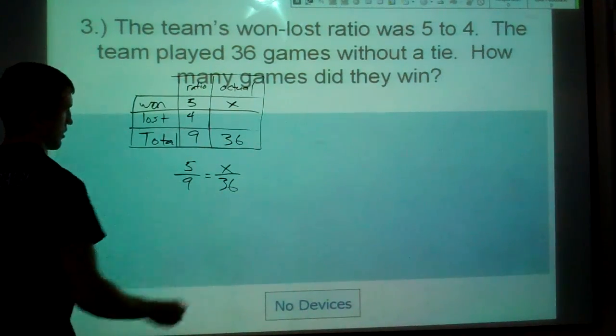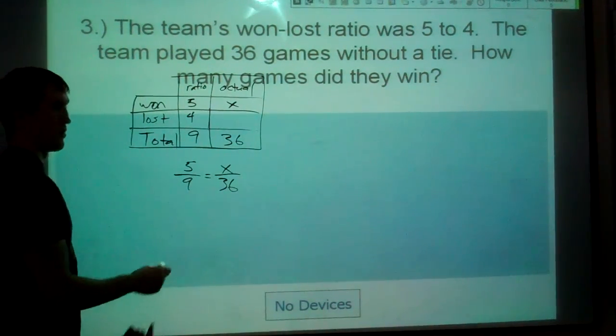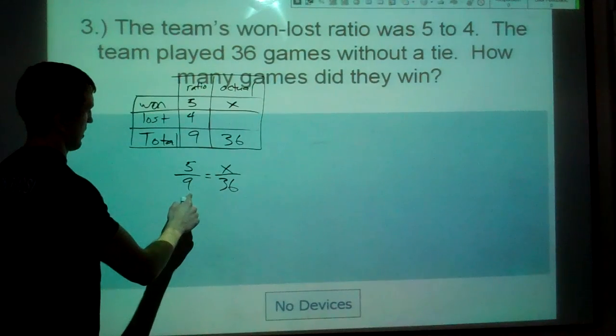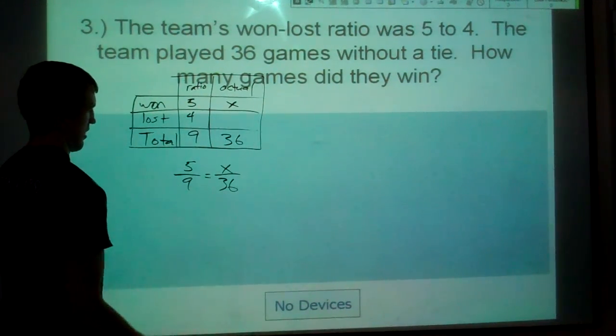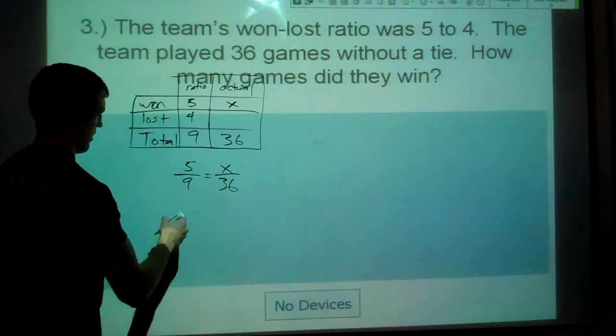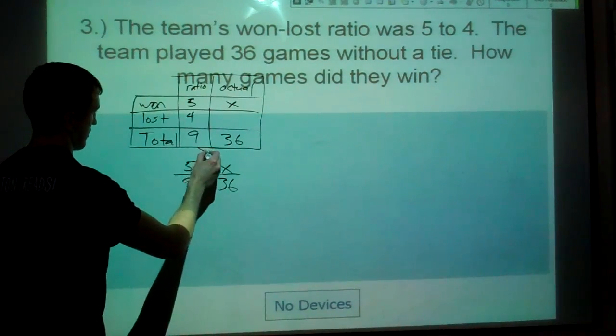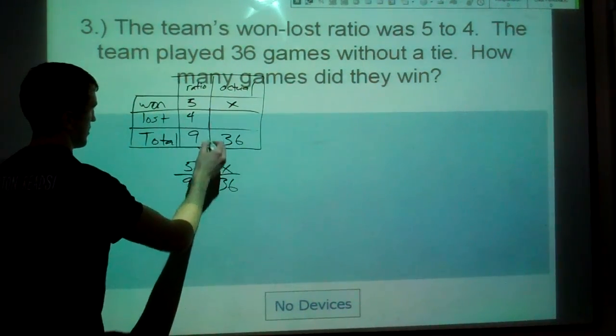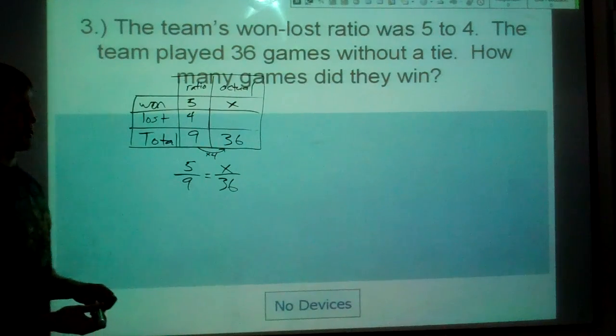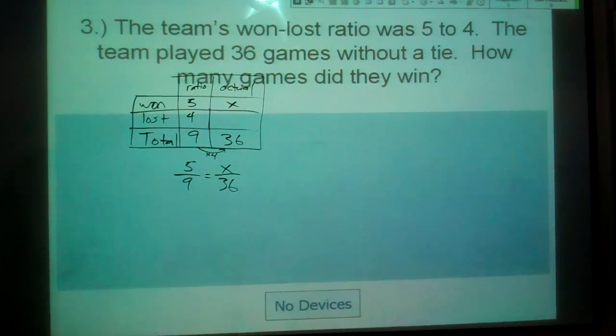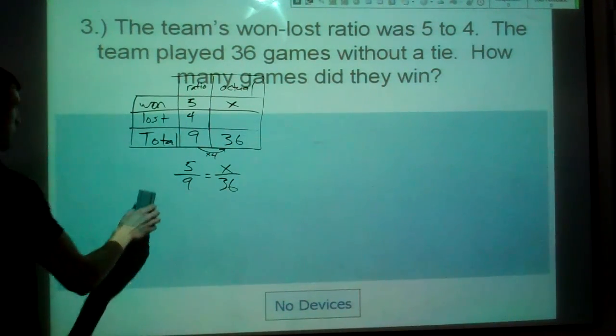Could cross multiply and divide. You could do 5 times 36 divided by 9. That would get you the right answer. Or just notice that 9 times 4 gets you to 36, so 5 times 4 will get you to 20, and you should find out they won 20 games. Either way, you should come out with the right answer.